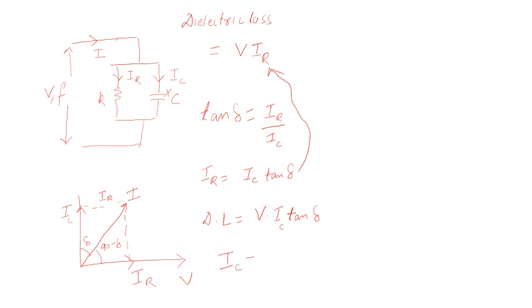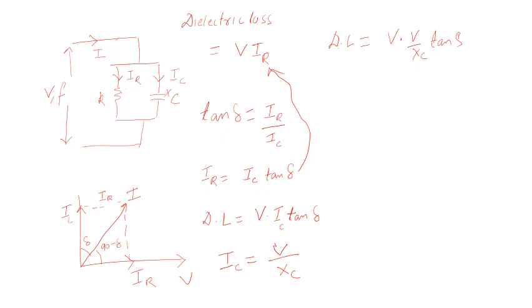IC can also be written as the voltage across your capacitance upon your reactance, that is V upon XC. So your dielectric loss will be V into V upon XC tan delta.